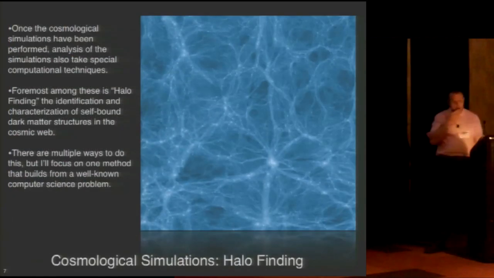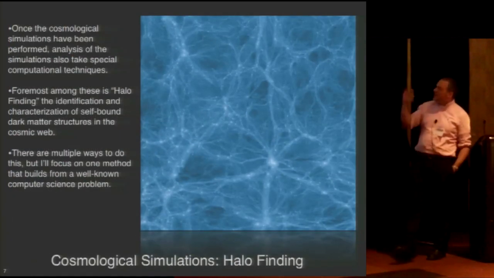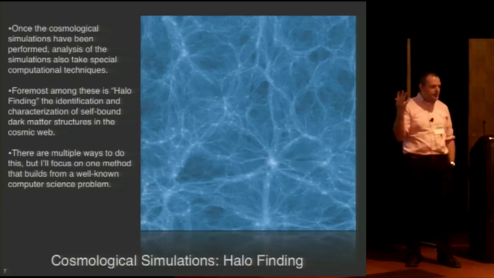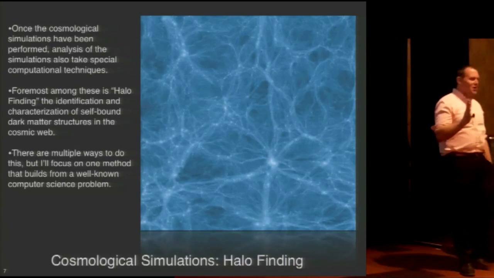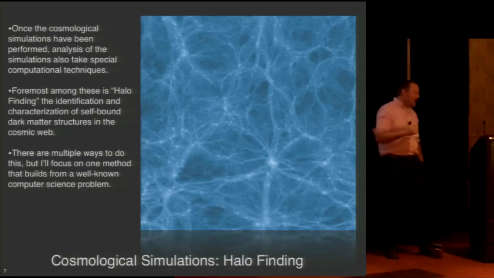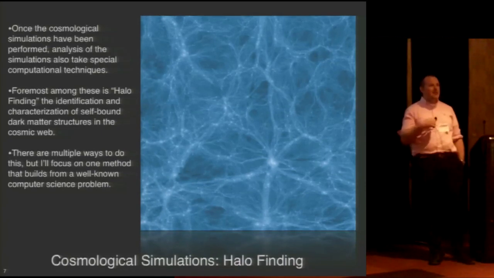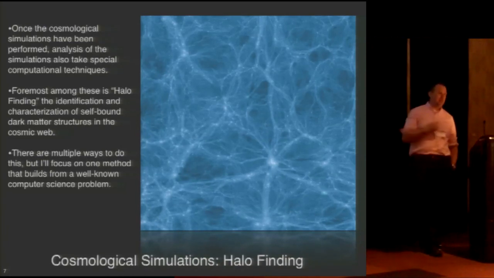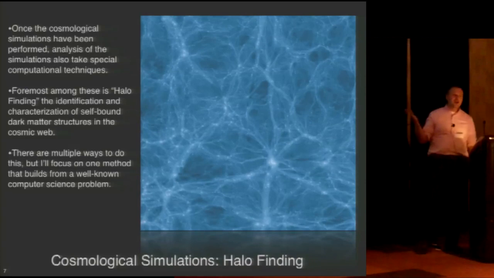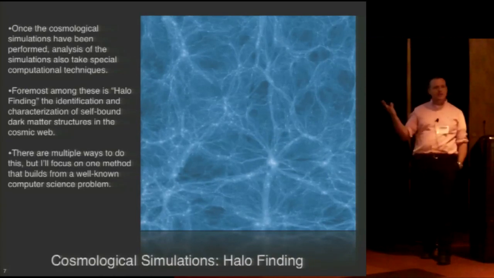Once we've done a simulation like this, we want to analyze the simulation. We have to perform additional calculations. Just for some computer scientists in the room, I'm going to show you a typical algorithmic application of standard computer science problems that we use in numerical astrophysics to do analysis of these kinds of simulations.